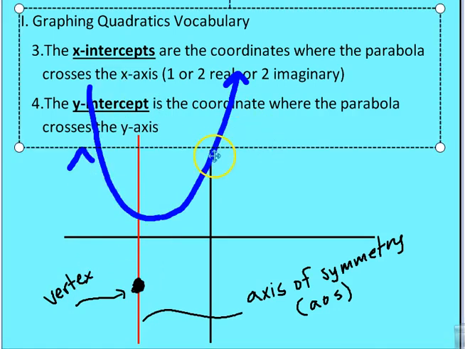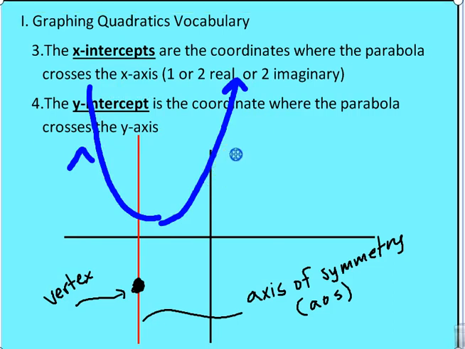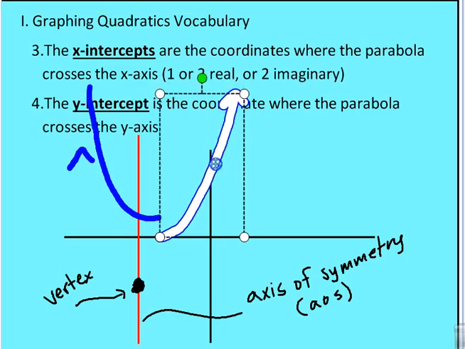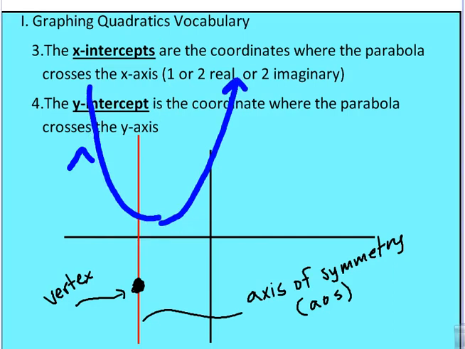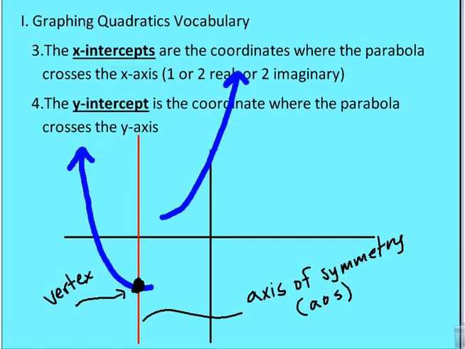And then I can orient the parabola so that it touches the x-axis at one location, and then I just have one solution. So I can have one real solution, two real solutions, or two imaginary solutions. Those are the x-intercepts, the coordinates where the parabola crosses the x-axis.